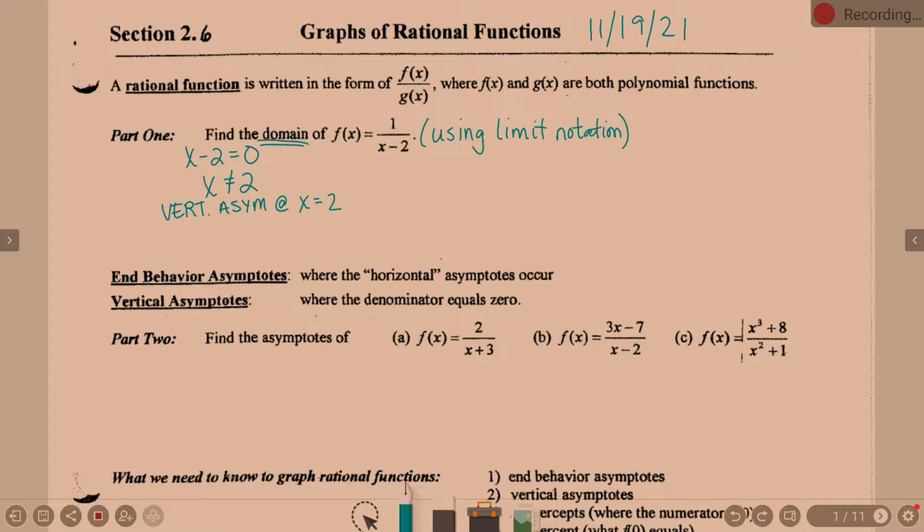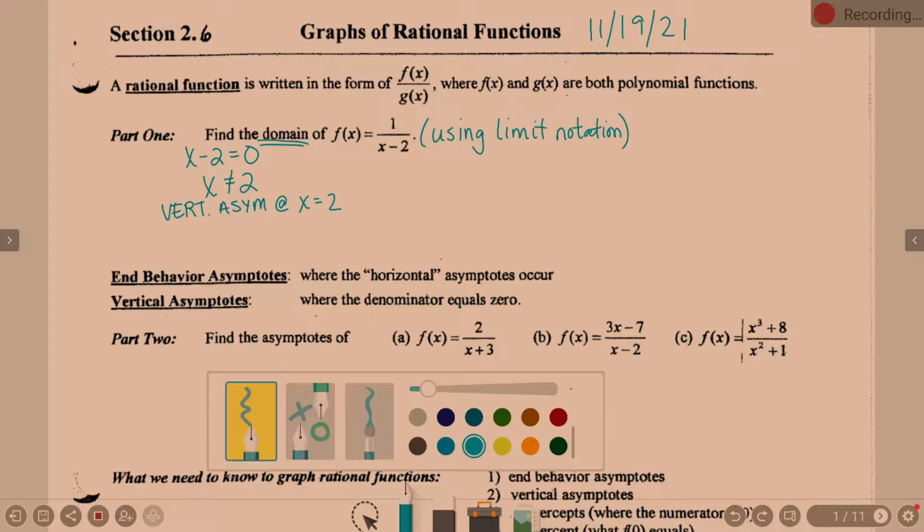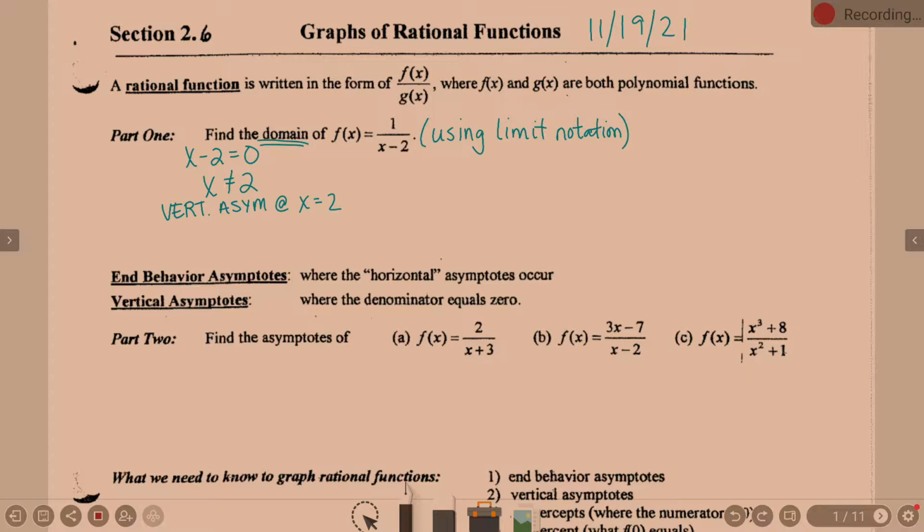So let's look a little bit at the graph. So I'm going to kind of sketch a little graph in here. We know there's a vertical asymptote at x equals 2, yes? So there's a vertical asymptote there. And you know that without me telling you.